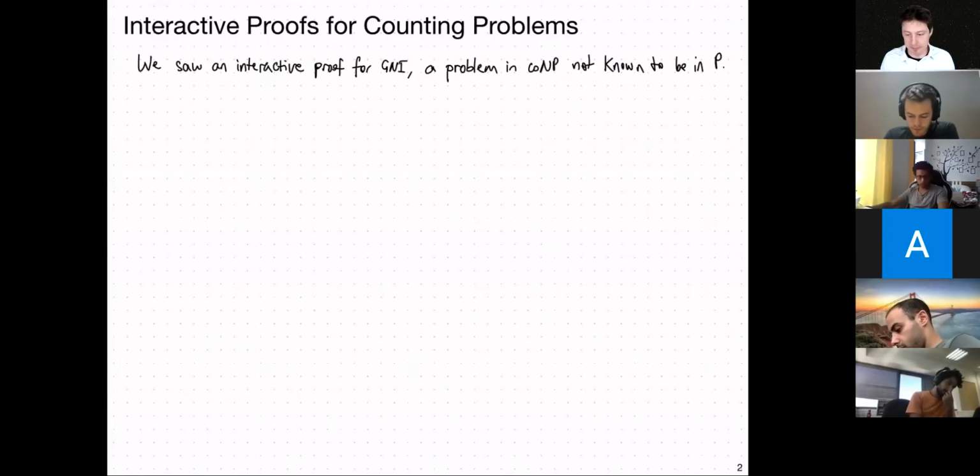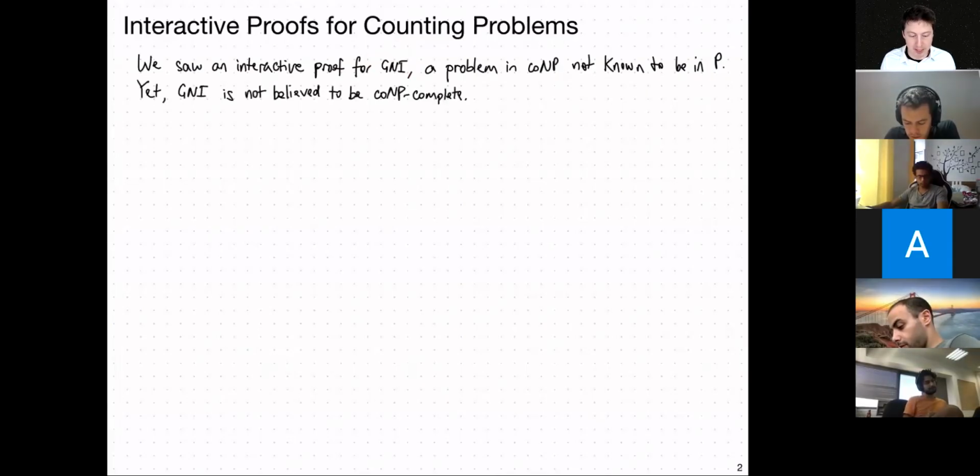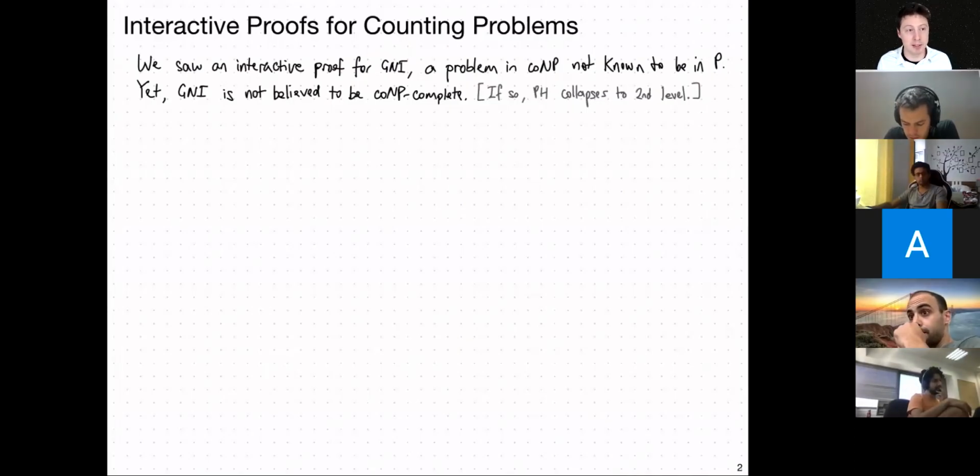We saw last time an interactive proof for graph non-isomorphism, which is a language that is in co-NP but is not known to be in P. Yet GNI, while being outside of P, is not a very expressive problem in the sense that it is not even believed to be co-NP complete. In fact, if so, the polynomial hierarchy would collapse.